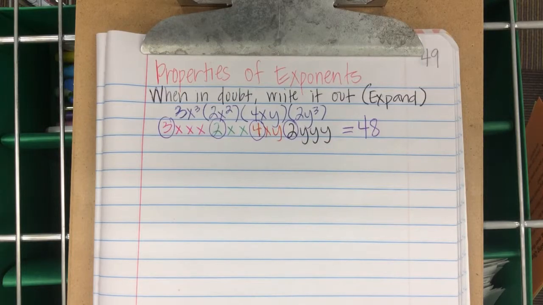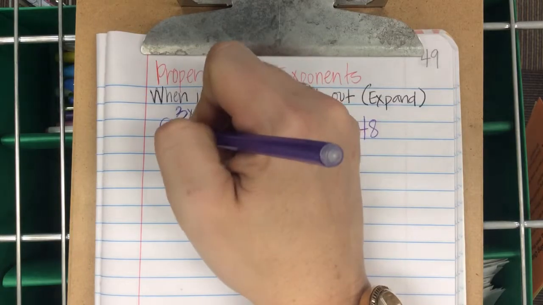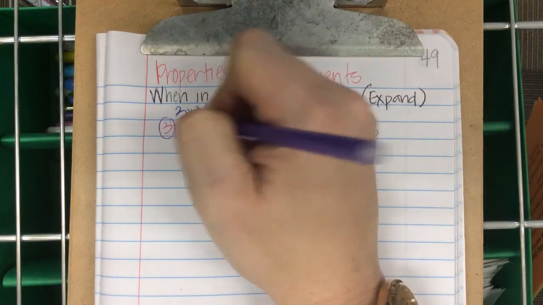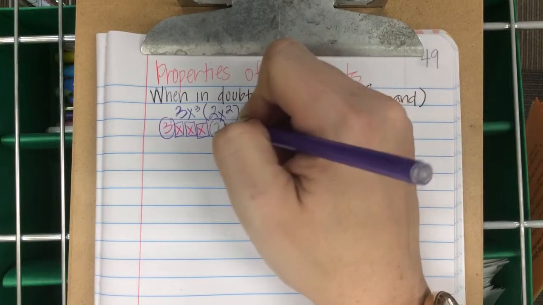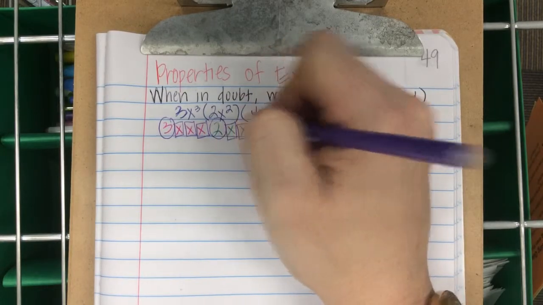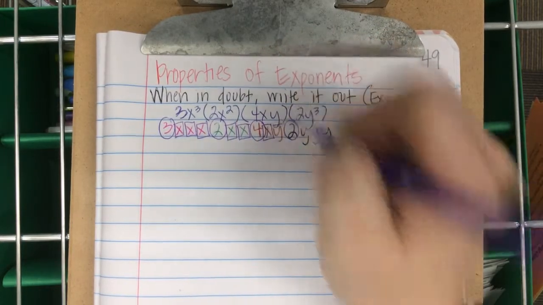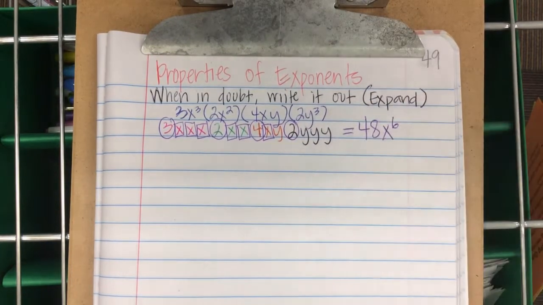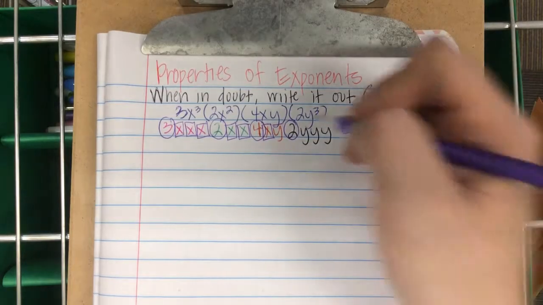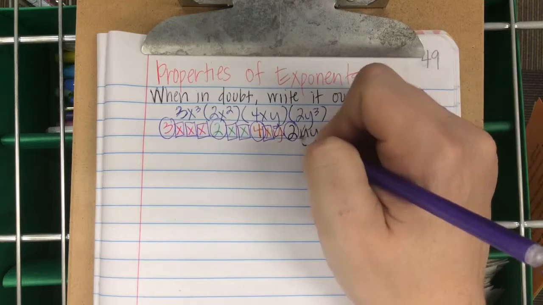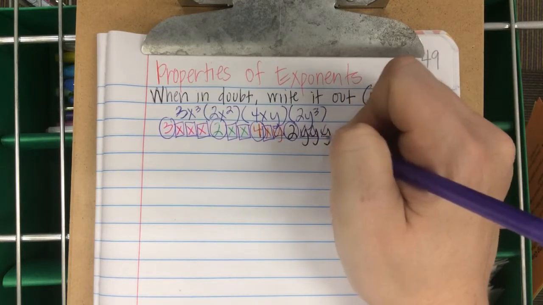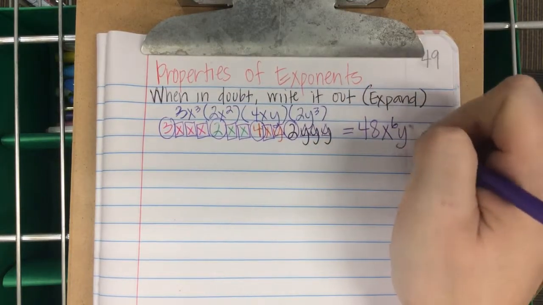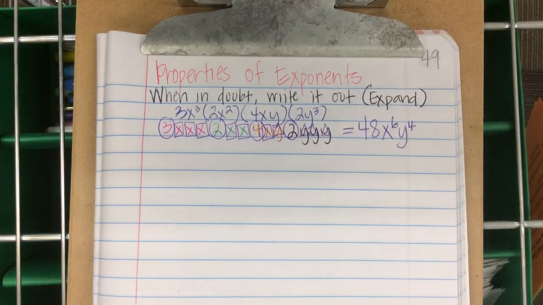And then I look at the x's: x, x, x, x, x, x is x to the sixth. And then y, y, y, y is y to the fourth. So when in doubt, write it out.